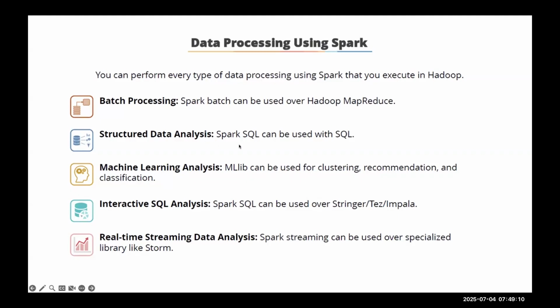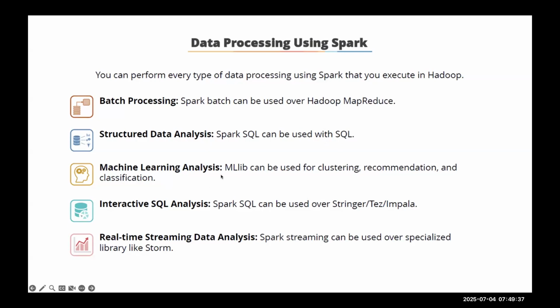You can directly store it into Spark as a table. Once you load that JSON or XML file into Spark, it is available for you in table format. You can just write the query. So data analysis will be very easy on Spark because you just have to load the data and write SQL queries.